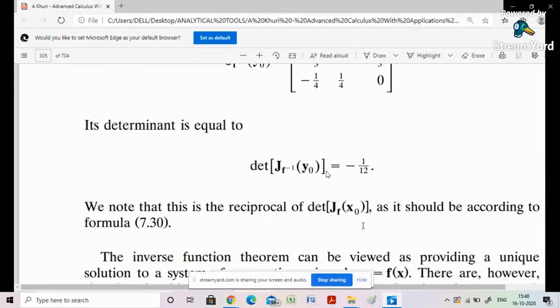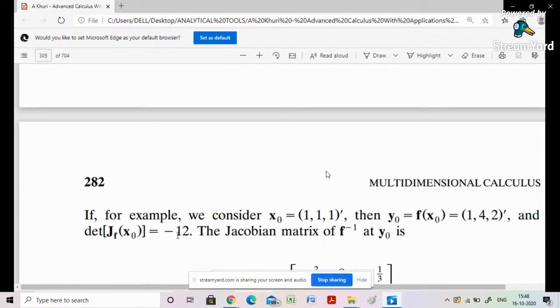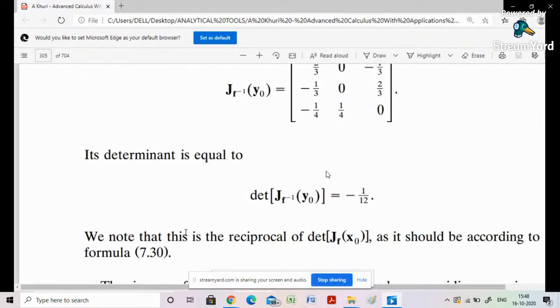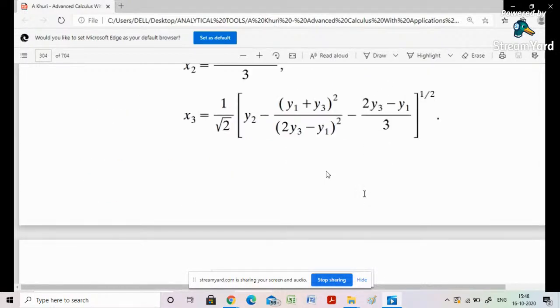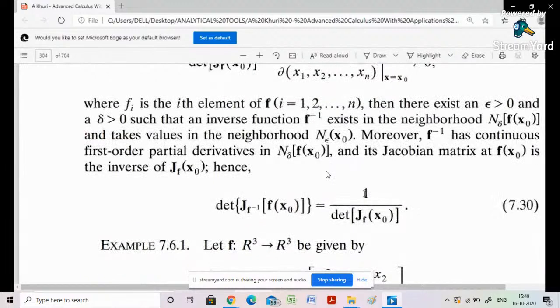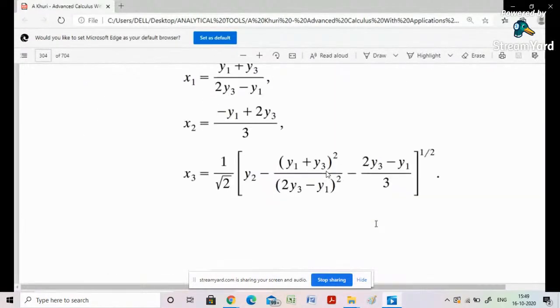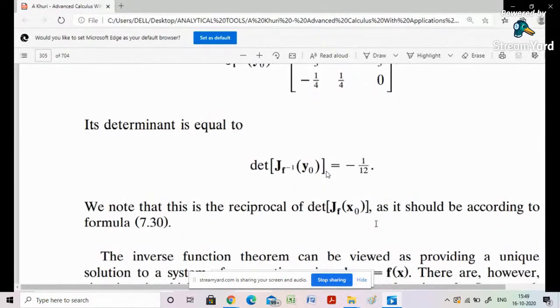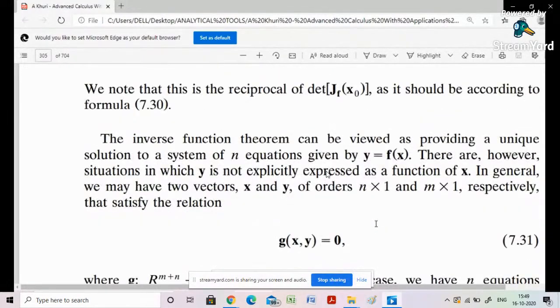So from this we can say that here we have minus 12, determinant of Jf of x naught, and here also we have minus 1 by 12. That shows the validity of this theorem. Here we have minus 1 by 12, that is exactly 1 by minus 12. So that is an illustrative example for the inverse function theorem.